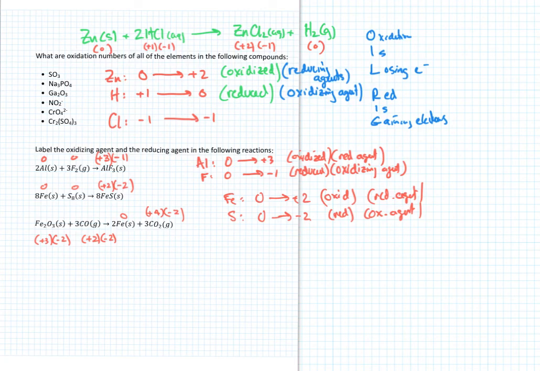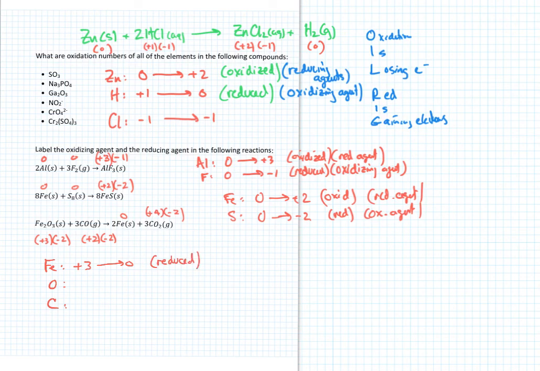And the final equation, this one's not quite as easy. These are easy to see because they're all by themselves. These have compounds for each thing or almost each thing. So in this case, we have 3 different species. We have iron, we have oxygen, and we have carbon. So the iron goes from +3 to 0. So that tells us already this one's reduced.